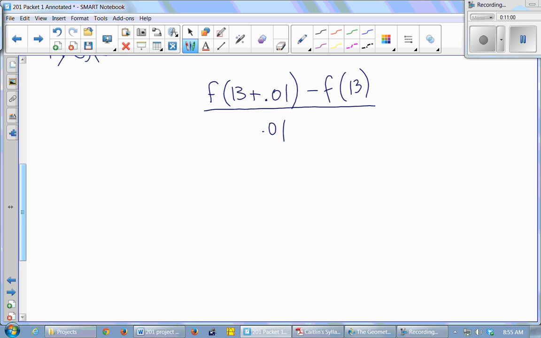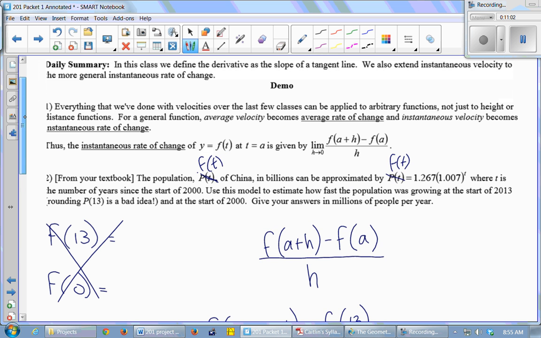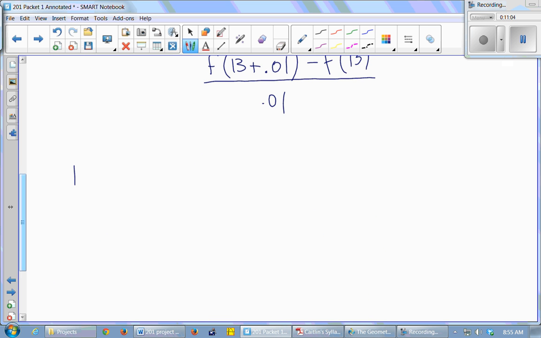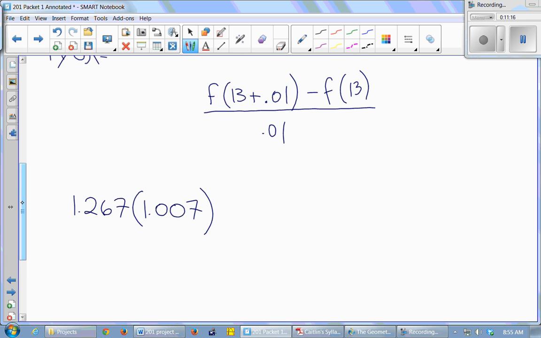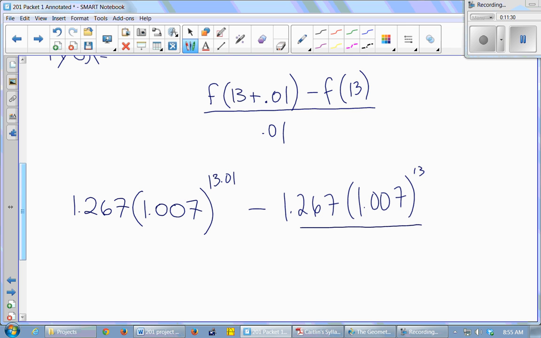So I'm going to have 1.267 times 1.007 to the t, which here is going to be 13.01. Right, now I'm plugging in a 13.01. And then I'm going to plug in a 13. All divided by 0.01.